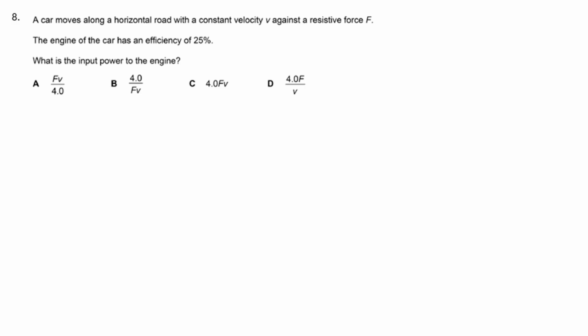Number 8. A car moves along a horizontal road with a constant velocity v against a resistive force F. The engine of the car has an efficiency of 0.25, or not 0.25, 25%. What is the input power to the engine? Okay, so we know that power is equal to work over time, right?